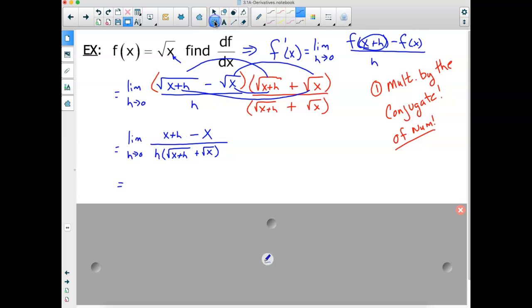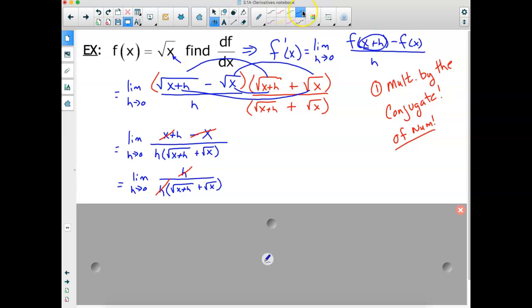And I can see in the numerator I have a minus x and a plus x. Oh, look at that, there's that pesky little h standing out. And I get the limit as h approaches 0 of h over h times square root x plus h plus square root x. That's why I didn't want to distribute down there, so I can still see that.